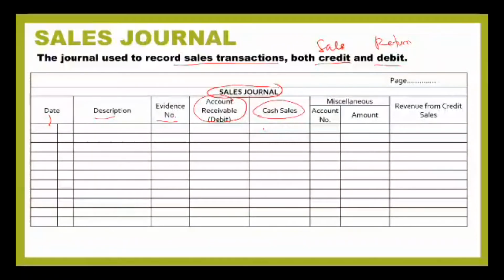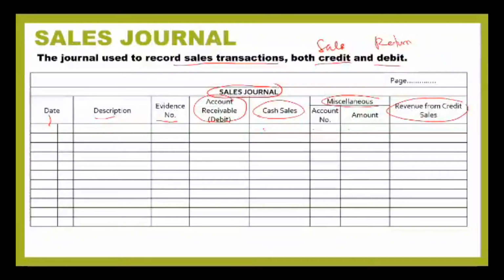You don't have to type the account number. And then the miscellaneous, sometimes about the sales return, you just type the account number for sales return and the amount. And then the revenue is for the credit.